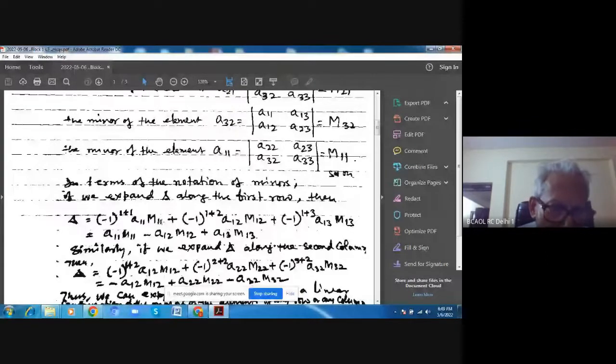And the sign in this case, ultimately because it is a square, if you square -1 you ultimately get plus only. So A11 M11.